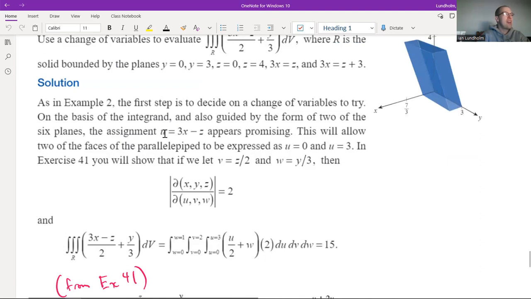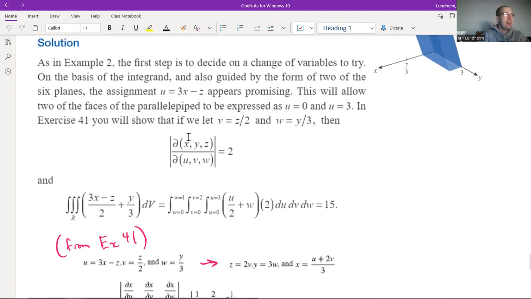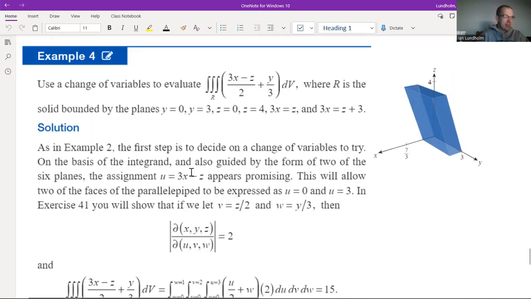And we do that by assigning u as 3x minus z. That means that the slanty faces of the parallelepiped can then be written as u equals 0 and u equals 3. If you subtracted z from both sides, you would get that.